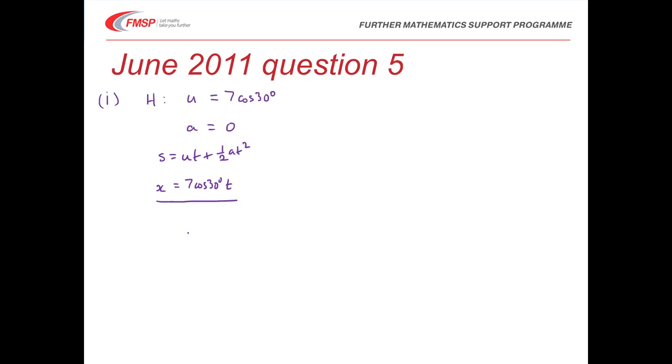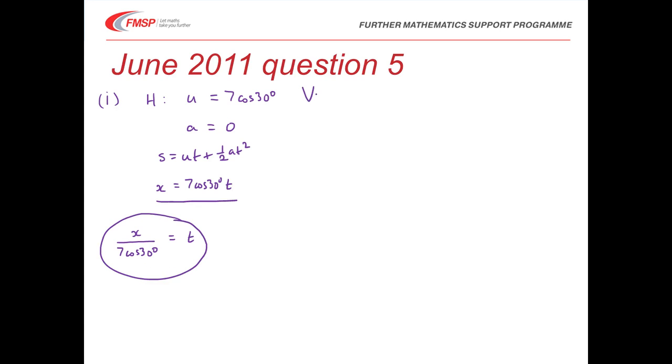And I'm just going to, while I'm still on that side, rearrange and say that that means t will be x over 7 cos 30 degrees. Because this is what I'm going to come back to later for the substitution part.